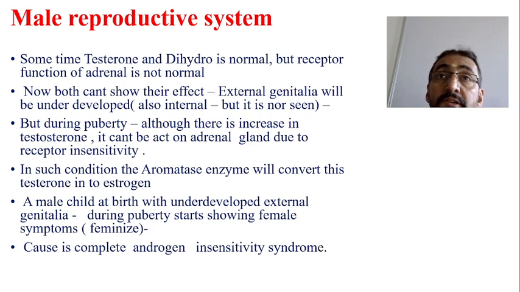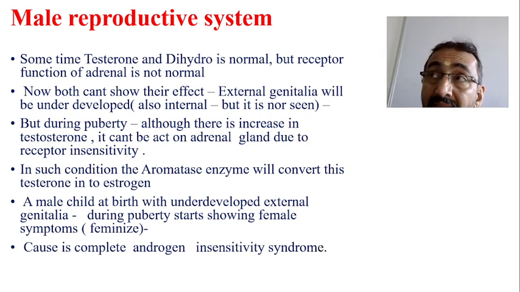Now that means testosterone surge is there, an increased level of testosterone is there in the blood, but still it is not converted into the dihydro because the adrenal gland is not able to bind with both these hormones. In this situation, a peculiar thing is going to happen.